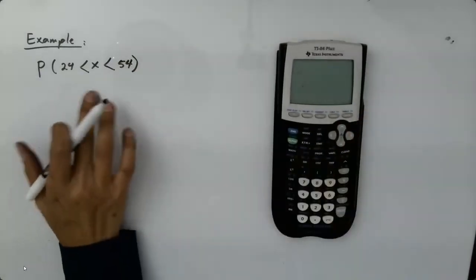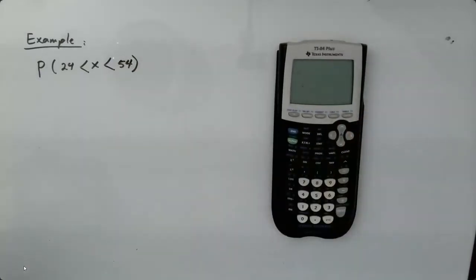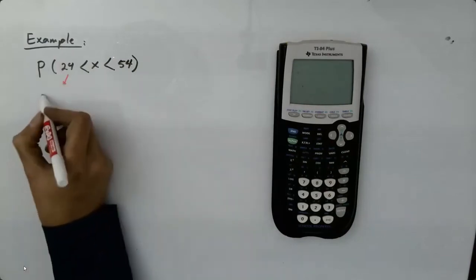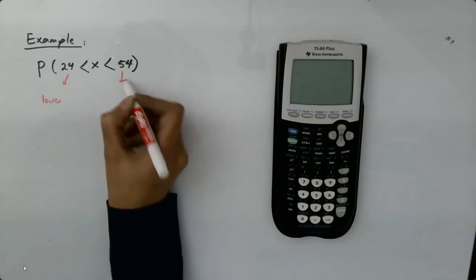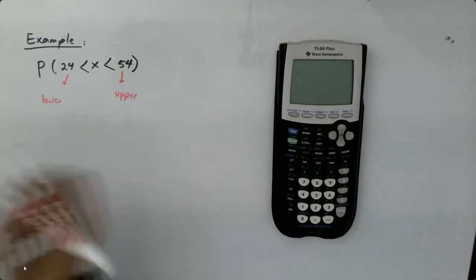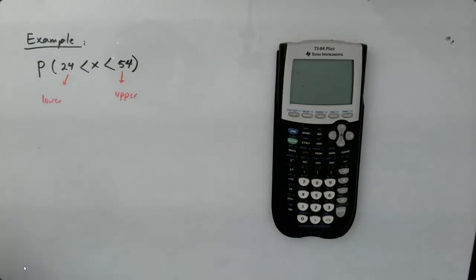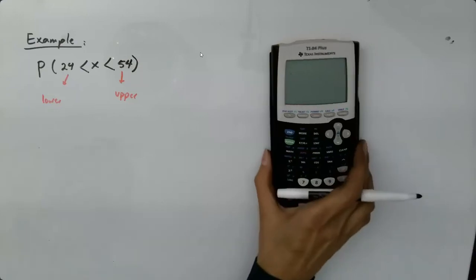So remember that it's in between. It means that my lower limit and upper limit are already given to me. I need to use my calculator, second VARS, normal CDF.